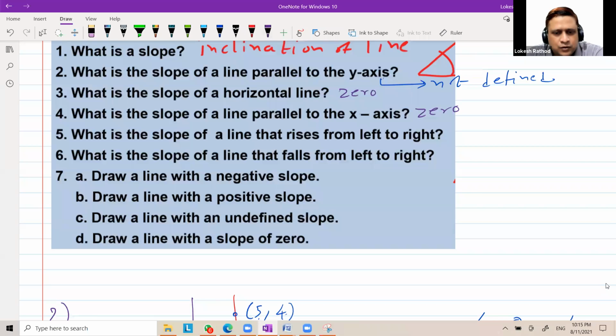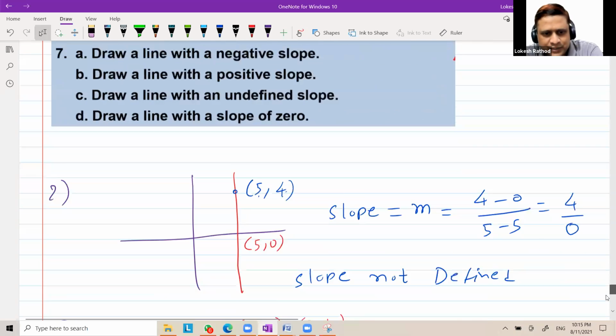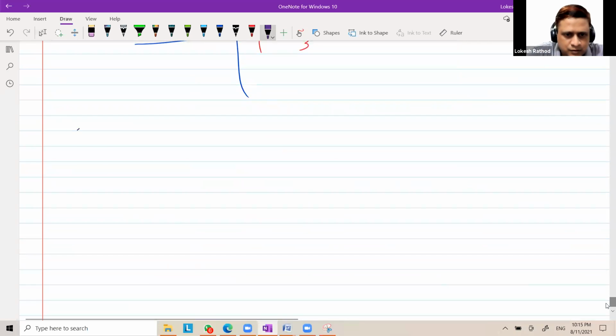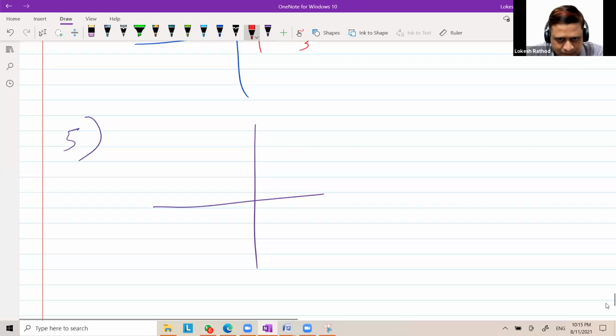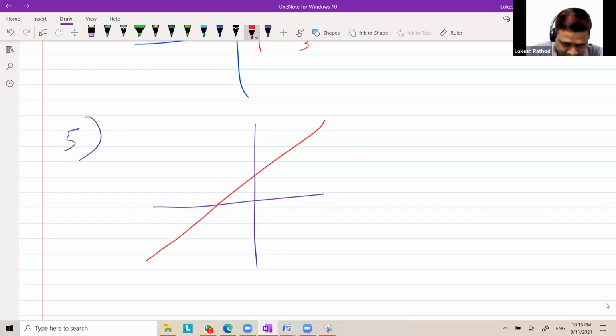Now, what is the slope of a line that rises from left to right? Any line which rises from left to right like this has a positive slope. Any increasing line has a positive slope.